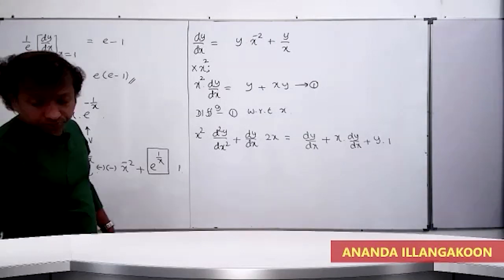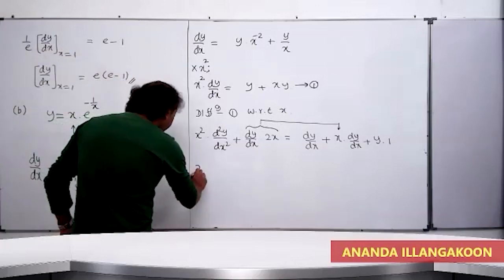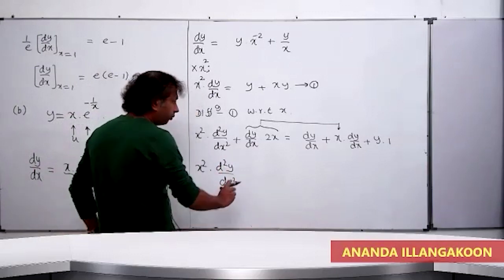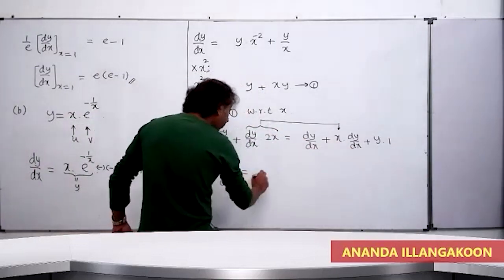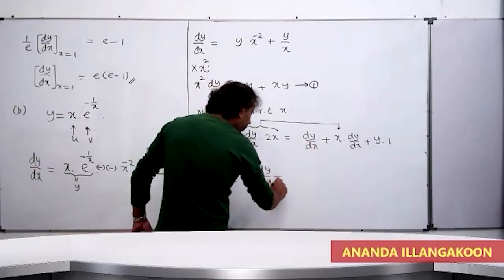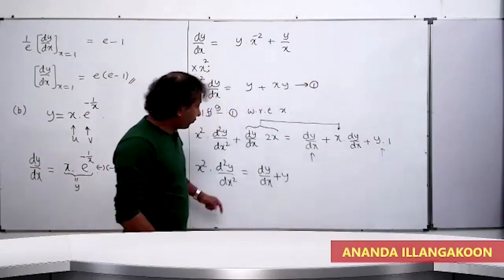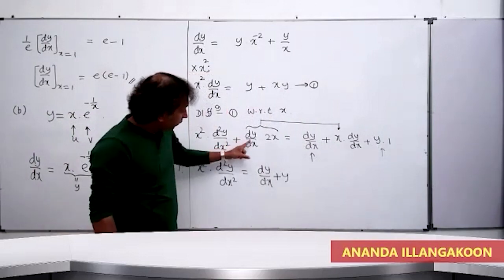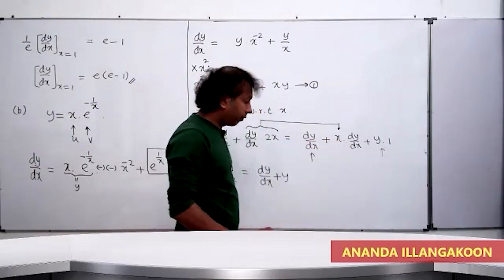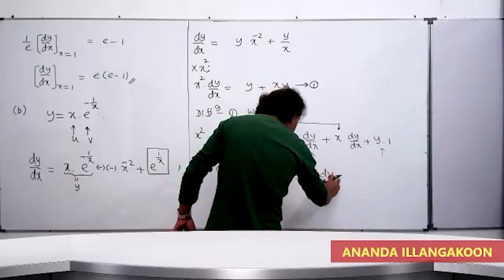Yeah. Who got the answer? x squared times d2y upon dx2. Take this right hand side. Then on the right hand side we have dy by dx plus y. This 2, right? I am saying. Once you take this to right hand side, this will be minus 2x dy by dx. Here we have plus x dy by dx. Then when you simplify it, we get minus x dy by dx.